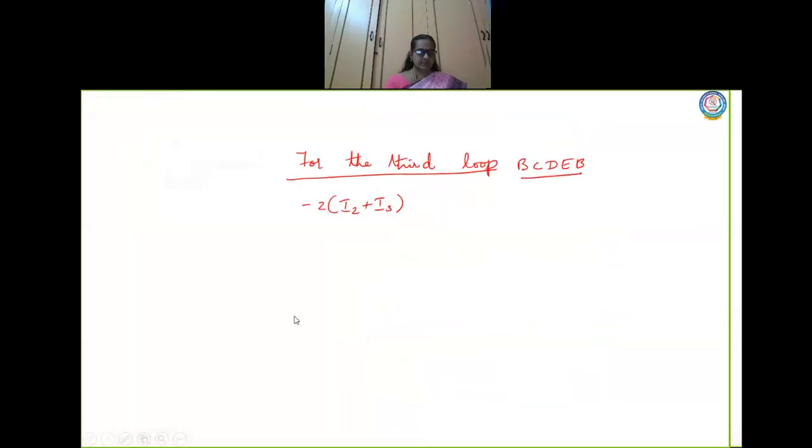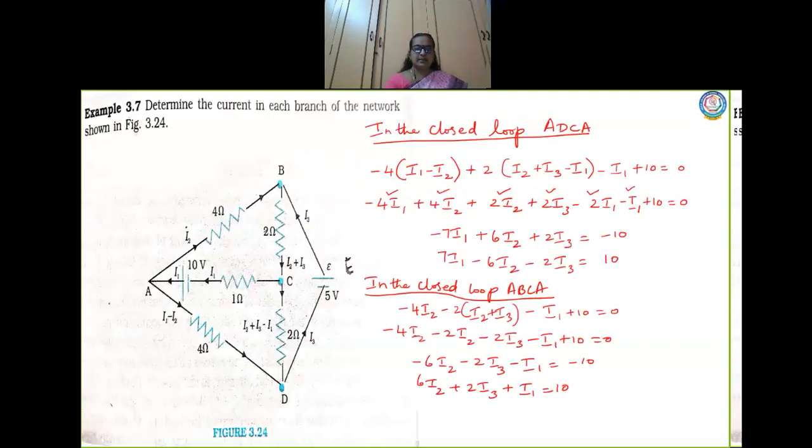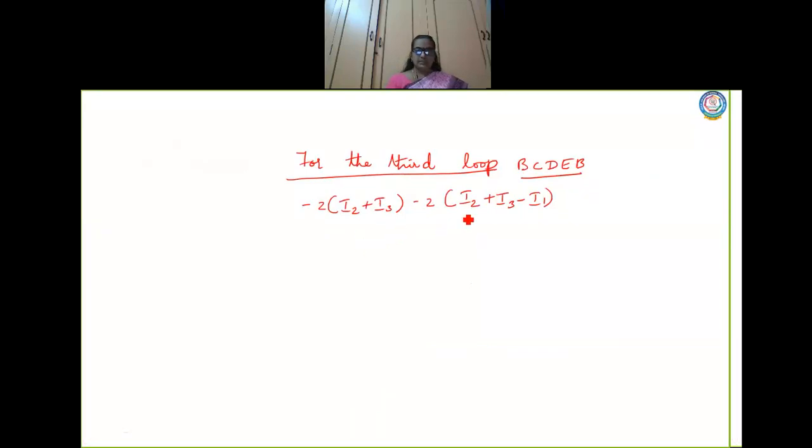So minus 2 into I2 plus I3 minus I1. To the next lead, this is only a cell, and this is from negative to positive, so its value is plus 5. And there is no resistance, so this is equal to 0.